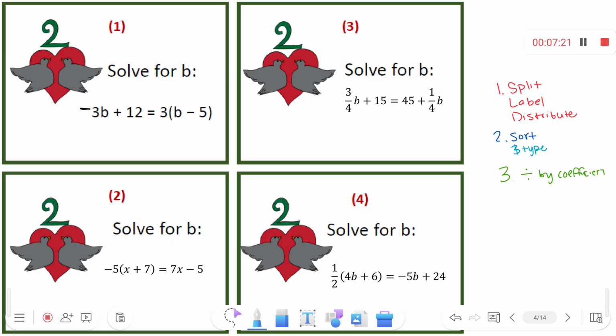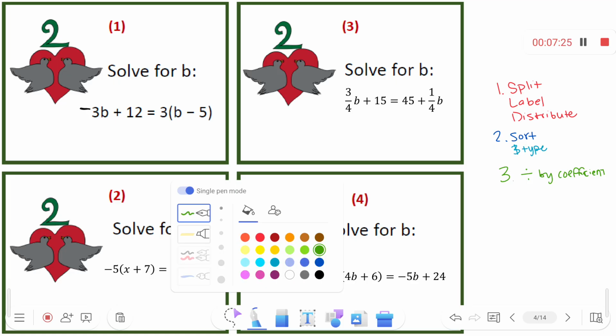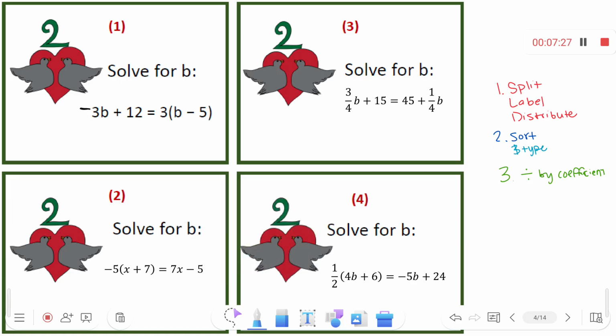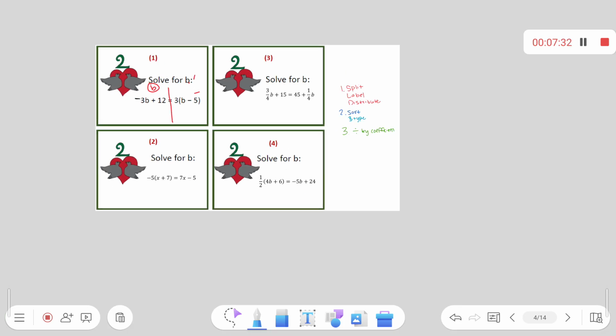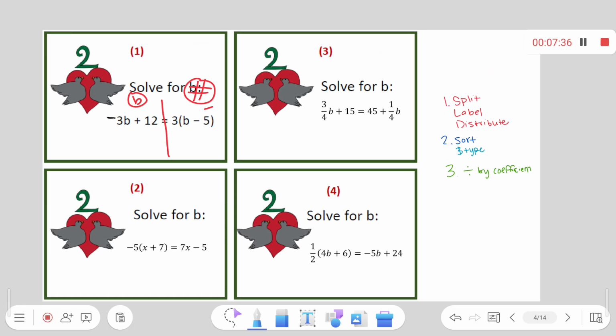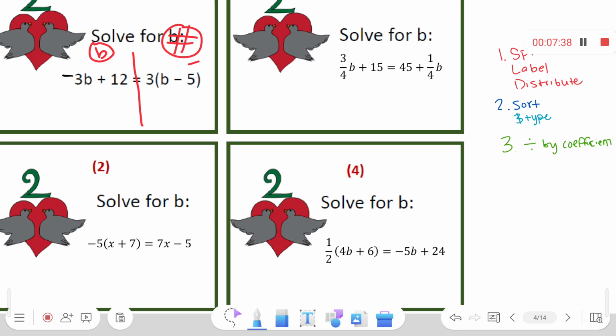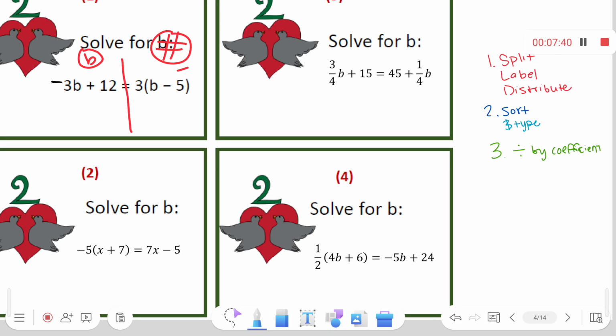So, looking at the first one, we will split, and I'll label the left side with B's and the right side with plain numbers because that's typically how you guys like that. And then I have to distribute if I can. Distribute means, do I have parentheses with a number on the outside?